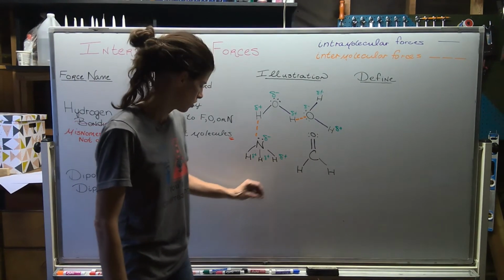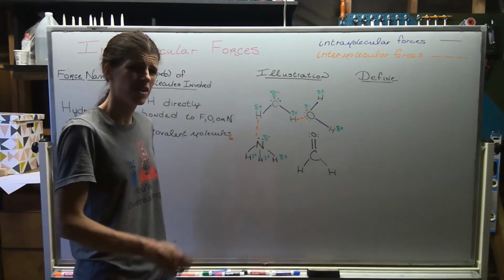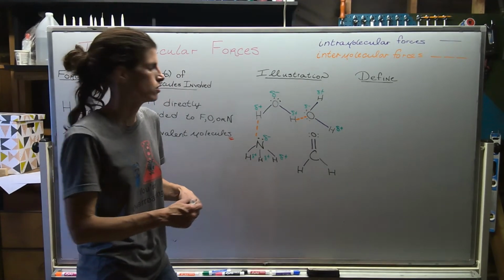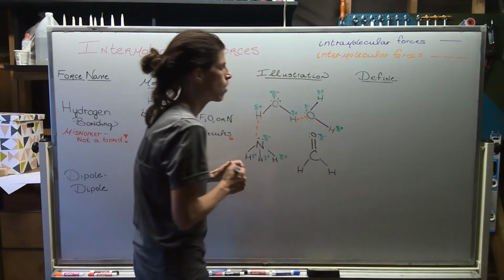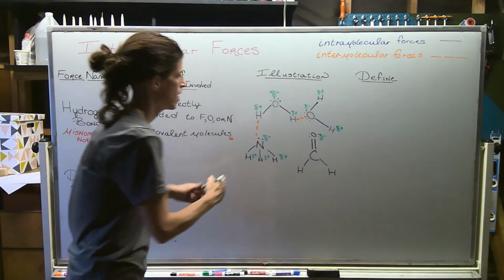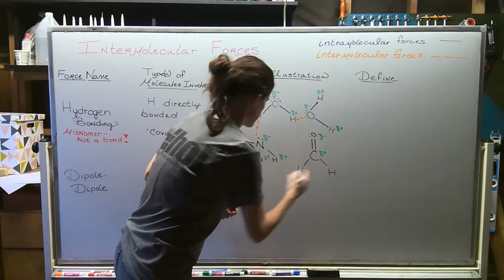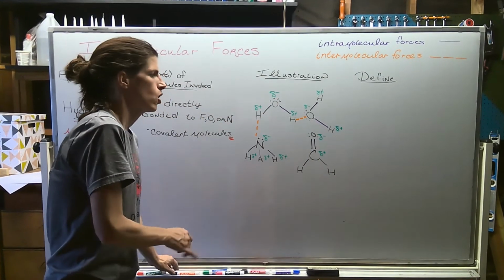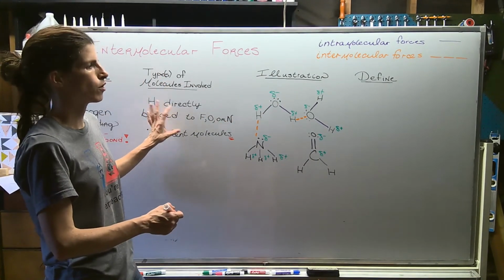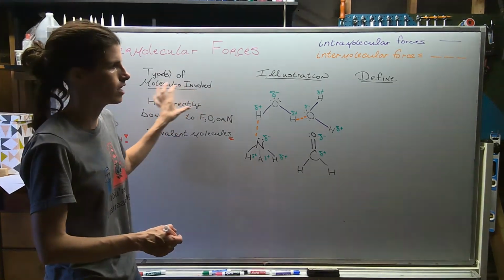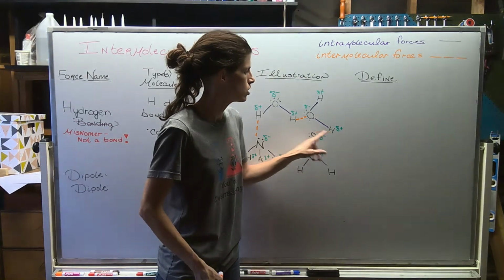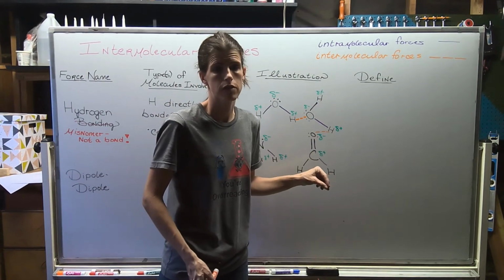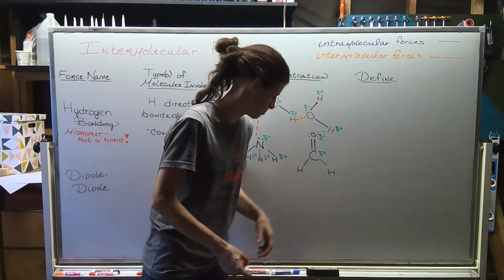However, this oxygen's still electronegative enough that it will exhibit hydrogen bonding with something like water or ammonia, something that does have the H directly attached to the phone. So this oxygen with this hydrogen would also be classified as an example of hydrogen bonding.